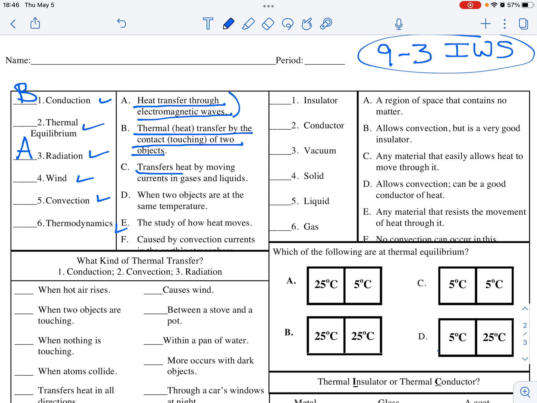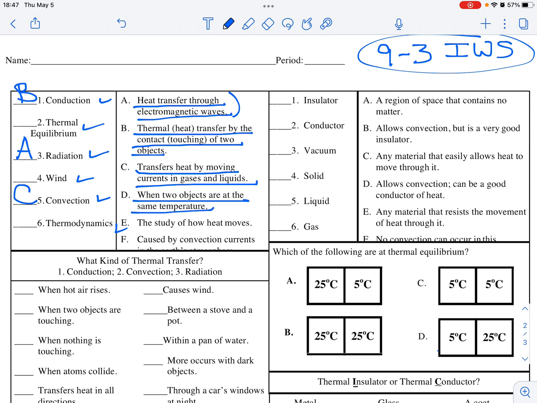Third, this transfers heat by moving currents in gases and liquid. Again, take a moment. You only have 4 to look through this time. If you chose answer 5, convection, you are correct. There's only 3 left.